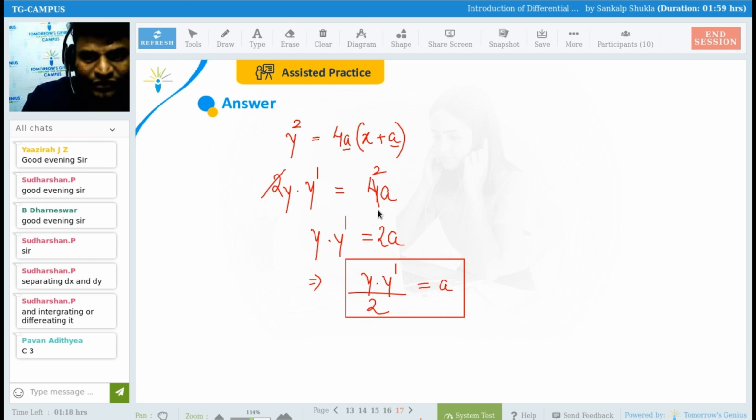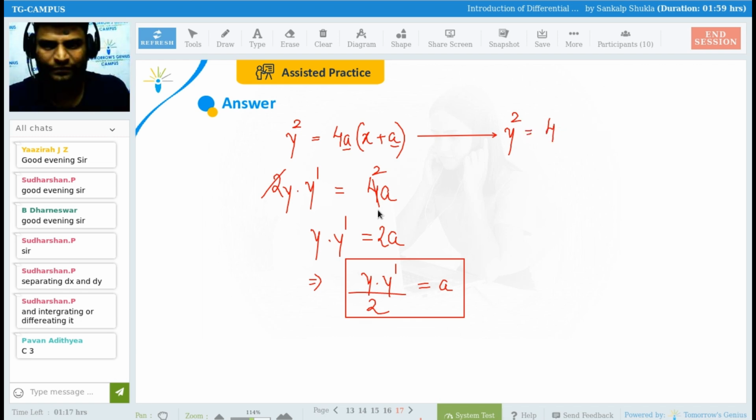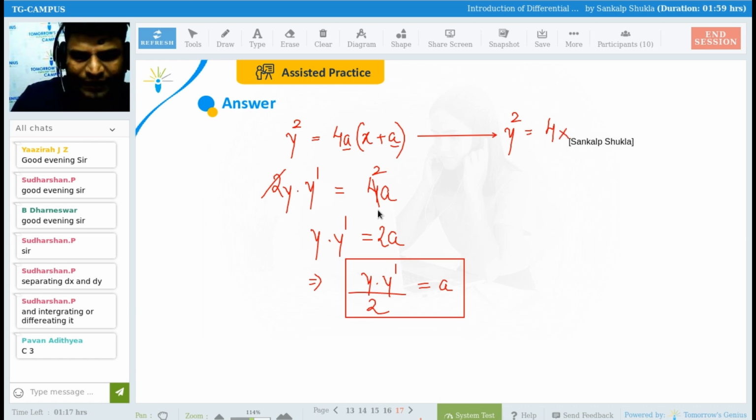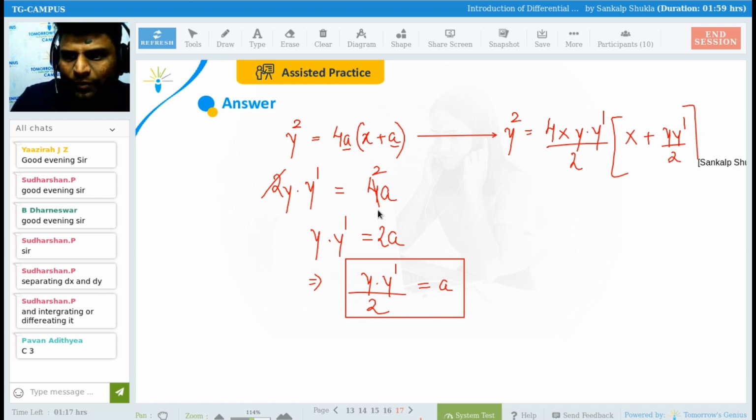Now what is rule 2? Rule 2 is to rewrite this equation. Rewrite this equation as y square is equal to 4a, and rather than writing a, you should write y into y dash by 2 into x plus y into y dash by 2. Okay. So see, this y and y get cancelled.